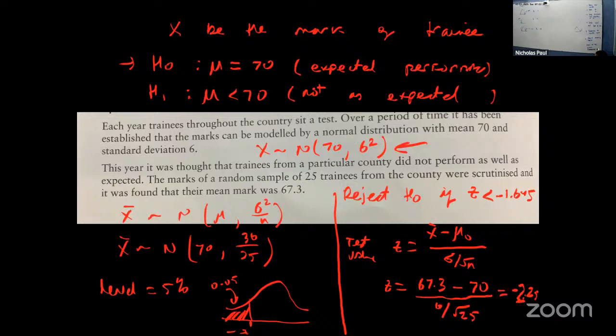It must say at the 5% level, and conclude that the trainees did not perform as expected. Okay? And that is the way you do a hypothesis test.